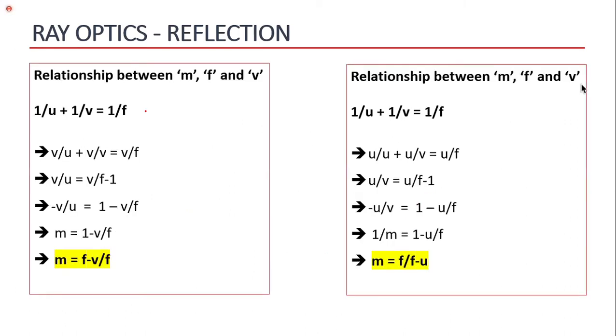I don't think you need this relation between M, F, V and M, F, U, right? Can you get it? Or do you want to derive it also?